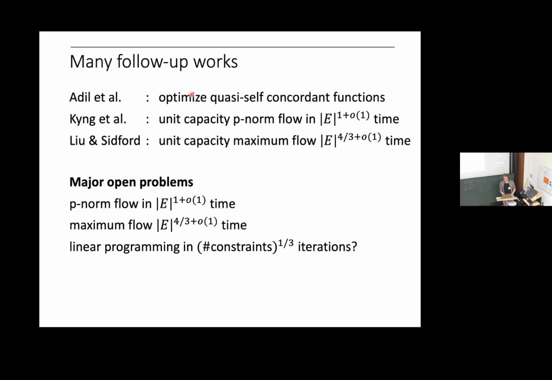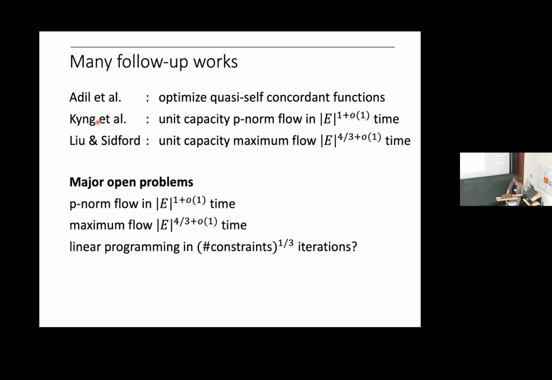So it should be pretty clear from the pictures that we saw that it would be weird if this method was somehow stuck with only doing p-norms, right? We were sort of reasoning a little bit about its local behavior and its long-range behavior of some function in order to construct upper and lower bounds. And it seems like that shouldn't just get stuck at p-norms, right? And that's what they then carried out.